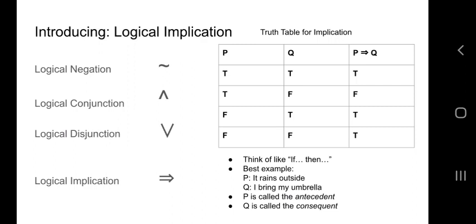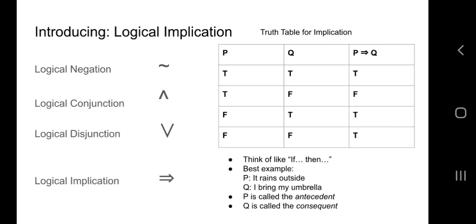Now, the implication, we always think of it like if, then. If we see P implies Q, the implication symbol we read as implies whenever we see it. We can either say P implies Q, or we can say if P, then Q. So, P implies Q. That formula means if P is true, then Q is true.